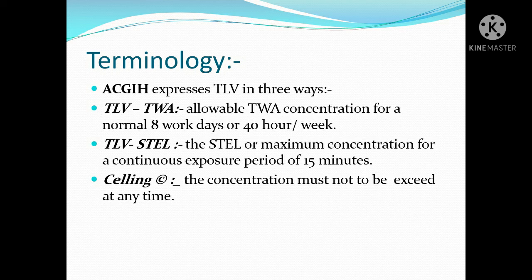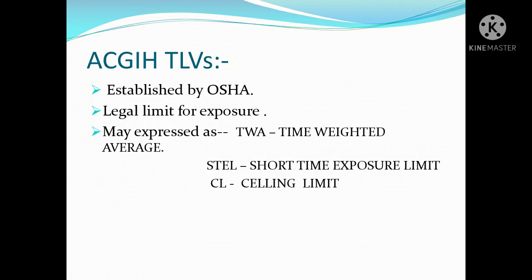First, TLV-TWA, the allowable time weighted average concentration for a normal 8-hour workday or 40 hours per week. TLV-STEL, the short term exposure limit or maximum concentration for a continuous exposure period of 15 minutes. Third is TLV-C, the ceiling concentration not to be exceeded at any time.